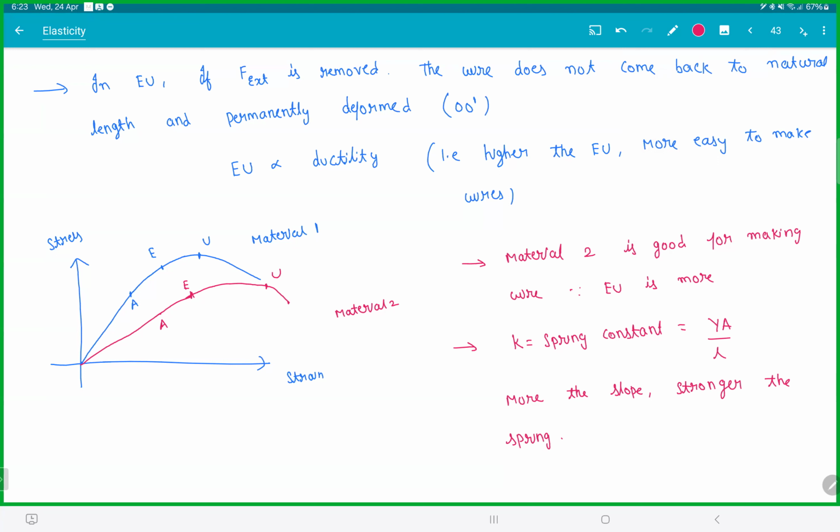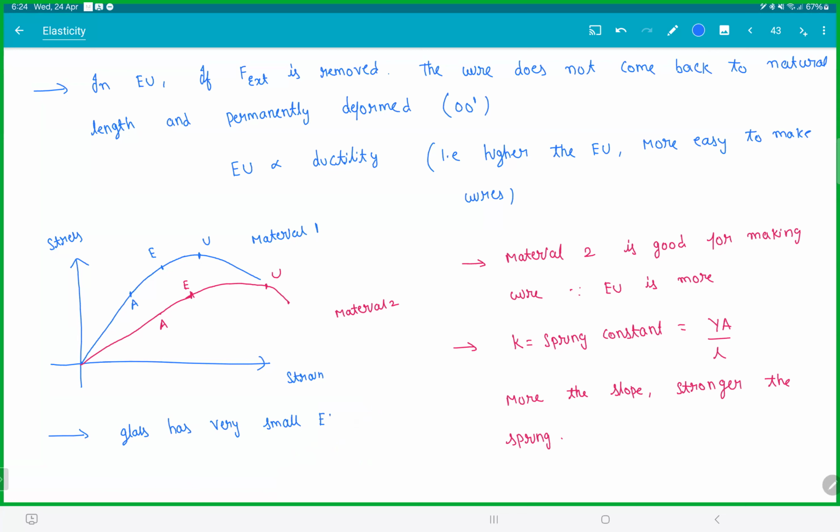Clear? So if you take a material like glass, how will glass look? This is A, this is E, this is U, and immediately it breaks down. Glass won't stretch. The moment you try to stretch glass, it will crack. So glass will have a very small EU. It's very brittle. Whereas copper will have a long EU.